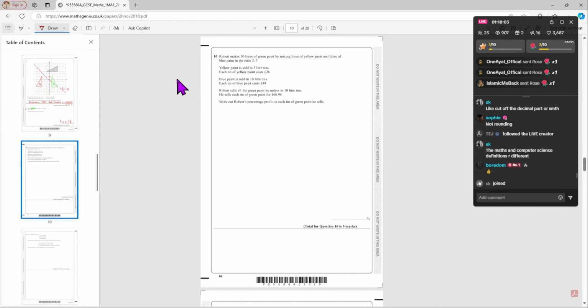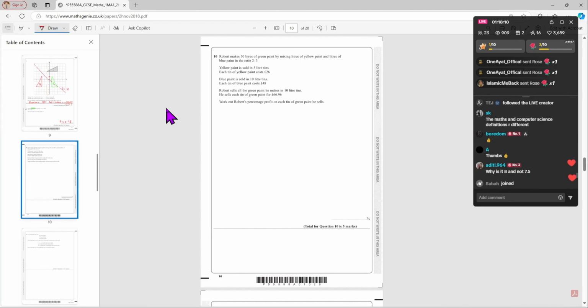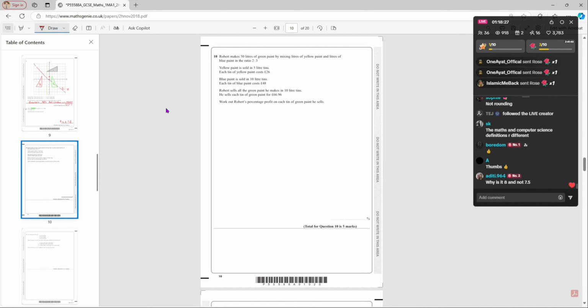So, we have question number 10. Robert makes 50 liters of green paint by mixing yellow paint and blue paint in the ratio 2 to 3. Yellow paint is sold in 5-litre tins. Each tin of yellow paint costs £26.